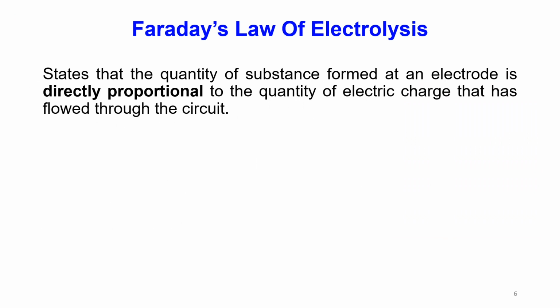So the statement of Faraday's law is that the quantity of the substance formed at an electrode is directly proportional to the quantity of electric charge that has flowed through the circuit.